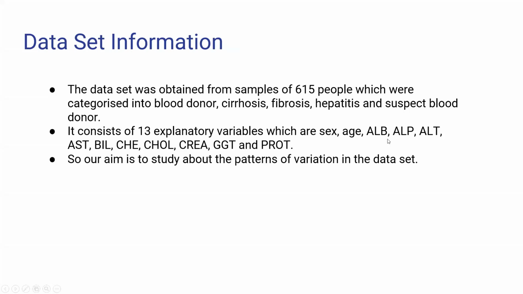This is our target variable, and it consists of 13 explanatory variables, which are sex, age, and the other 10 variables are actually proteins that are naturally produced by our body. Some of the proteins are produced in the liver, and some of them are produced in other parts of the body. So our aim is to study the patterns of variation in the data set.